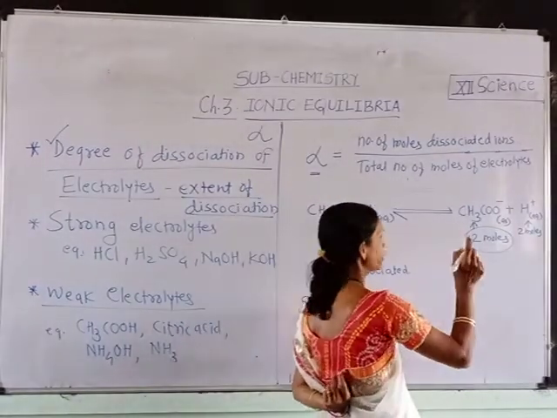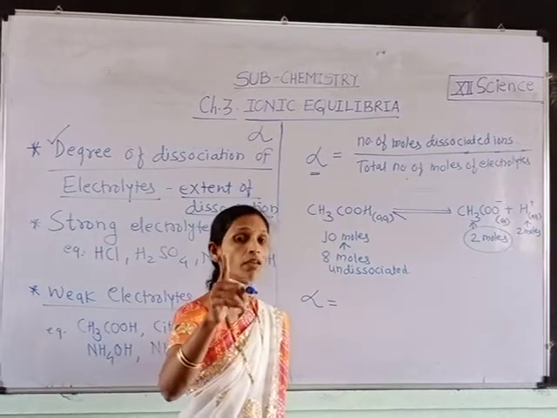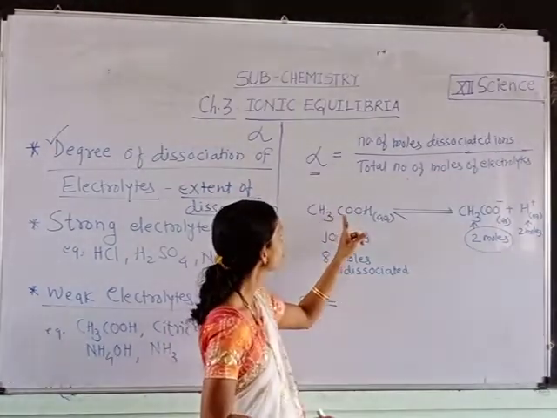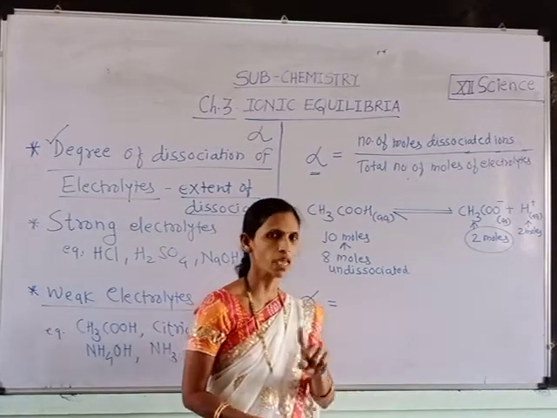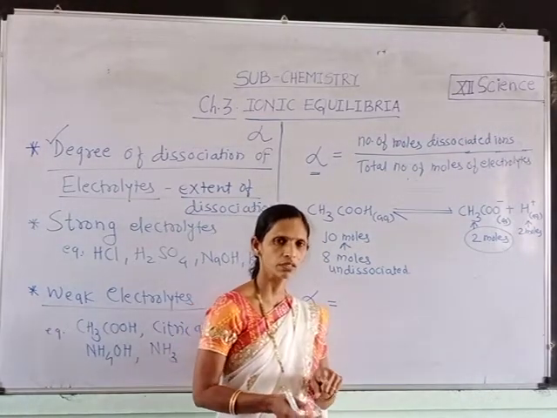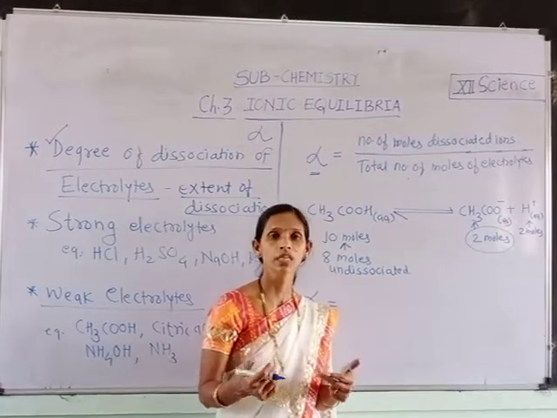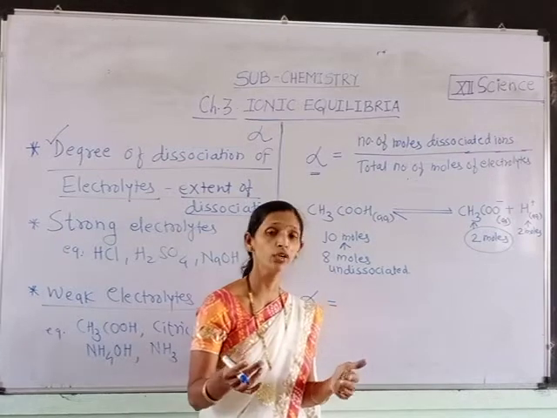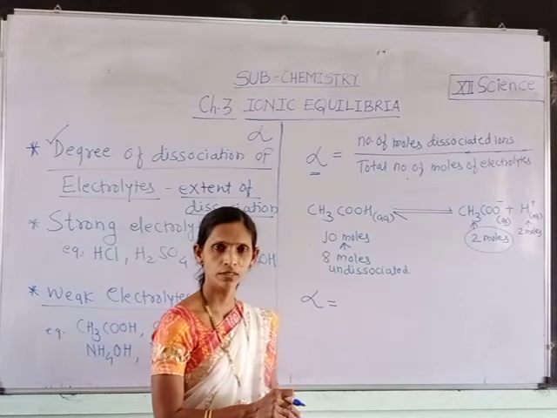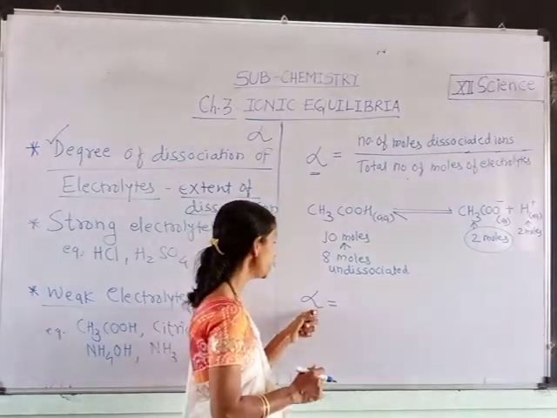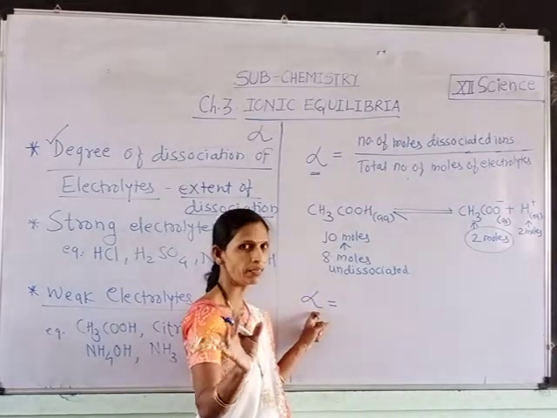When equilibrium is attained, we calculate how many moles of the total acetic acid have dissociated. We can calculate dissociated moles before equilibrium is attained also, but we cannot calculate alpha, the degree of dissociation of that weak electrolyte, correctly.